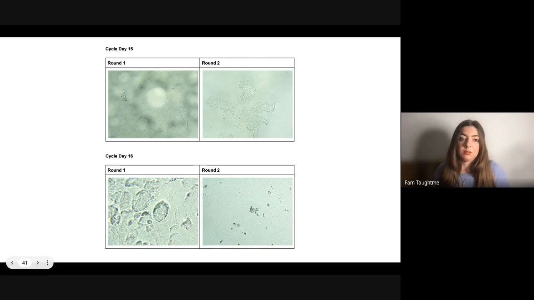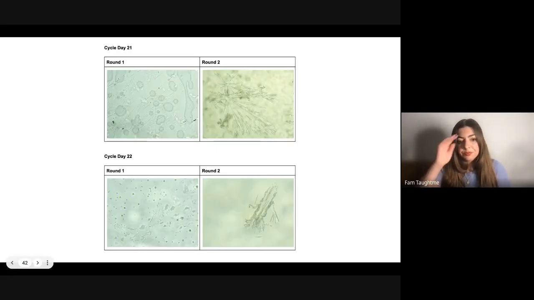I had taken many, many captures, dozens of images and also videos. But these were some that were representative of maybe the majority of something I saw in that sample that day. Same thing for cycle day 21 and cycle day 22, these were 2 different examples of samples that I took.